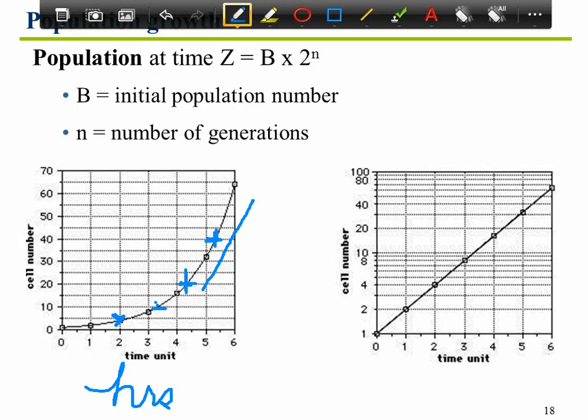If we go down here to this line, and we go down here to this line. Remember, each one of these is an hour. That's right about an hour that it took to double. That would be the generation time, 1 hour to double. Now, as you saw before on the previous page, bacteria double.